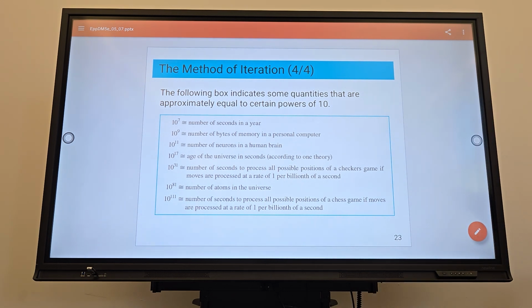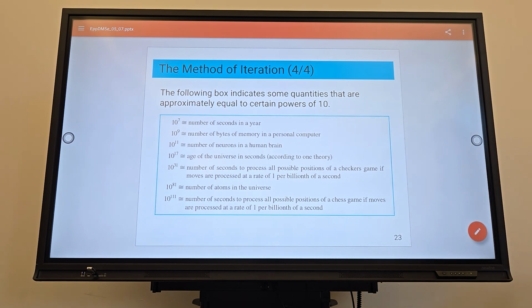10 to the 11th is the number of neurons in a human brain, give or take. 10 to the 17th, the age of the universe in seconds, according to one theory. 10 to the 31st, number of seconds to process all possible positions of a checkers game if moves are processed at a rate of 1 per nanosecond.